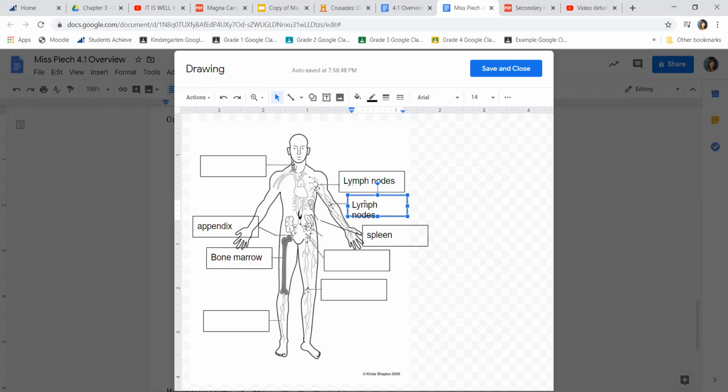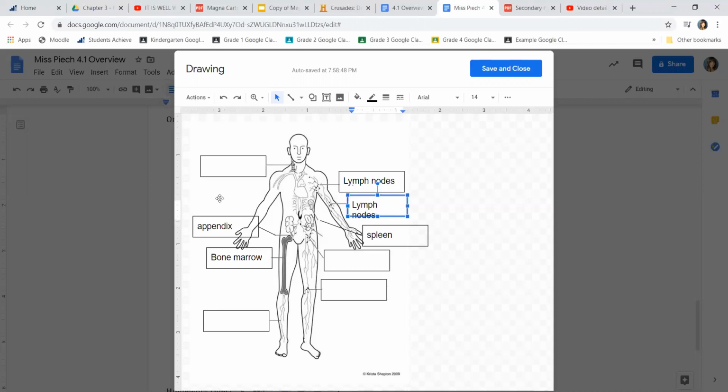The lymphatic system carries that throughout the body, and it helps defend the body against germs. Those germs are filtered out in the lymph nodes. So that's why, if you went to the doctor and your lymph nodes were swollen, that usually is a sign of infection.